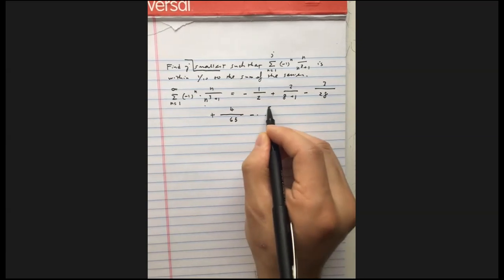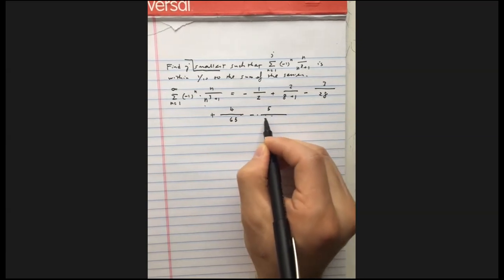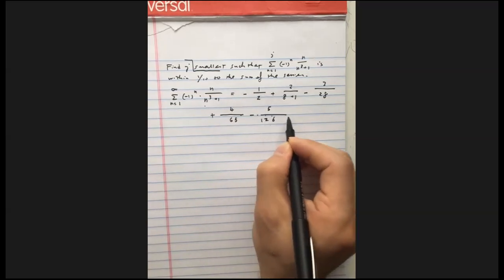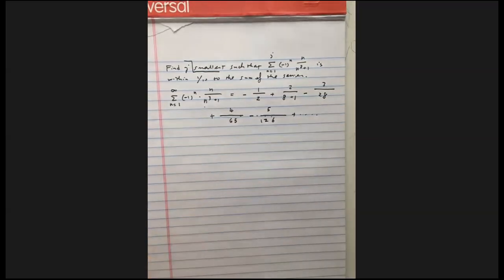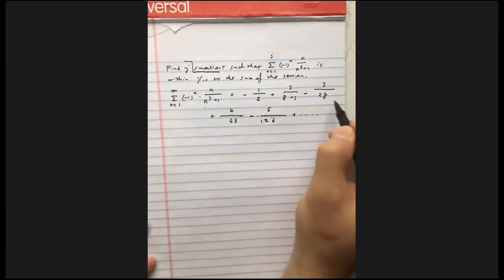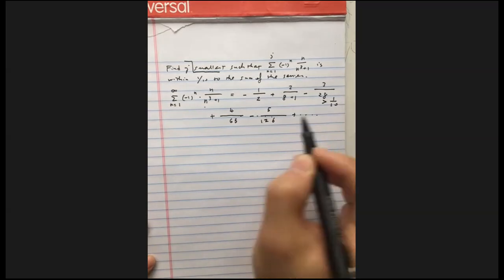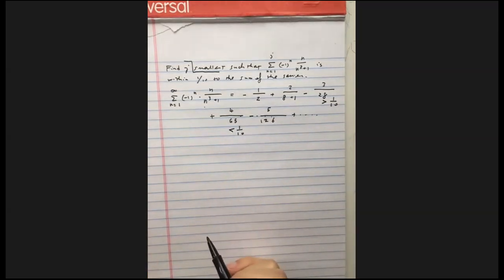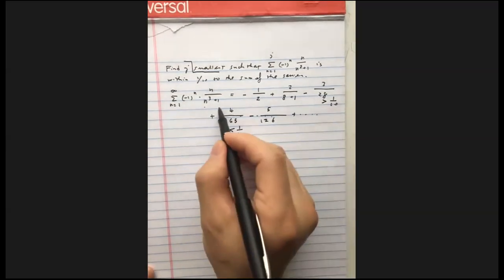And the next term is minus 5 over 5 cubed, which is 125, so 126. Okay, so this is the series. And you can see here, this term is still larger than 1 over 10, whereas this one is already smaller than 1 over 10, right? So this is where you can cut.